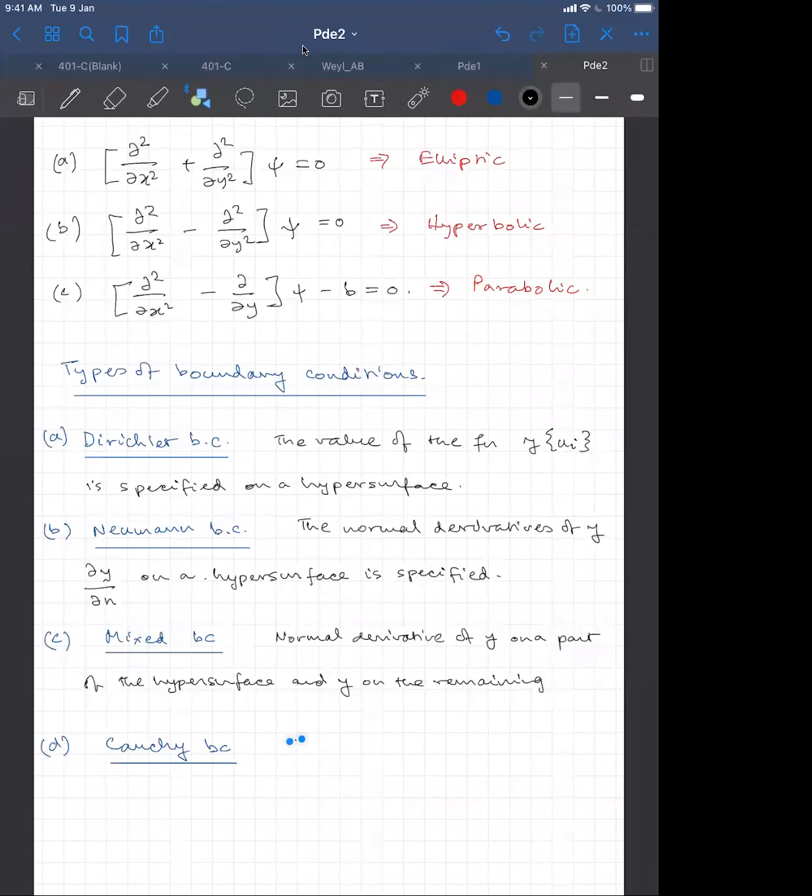This is the function y and its normal derivative del y del n are both specified on a hypersurface.